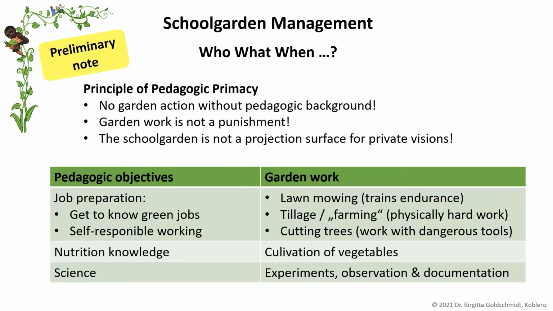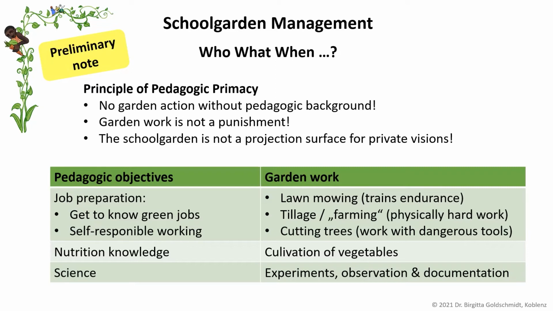Most students don't do it in their free time, so they have to learn it before they choose a green job. If they don't, they will get a great surprise.